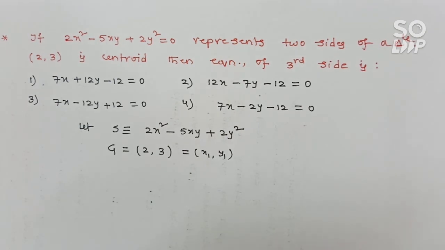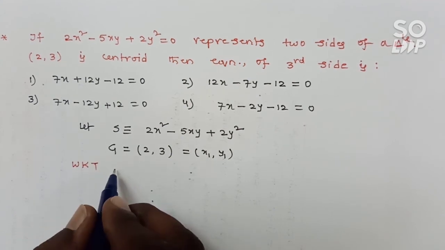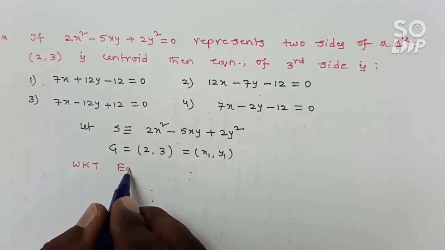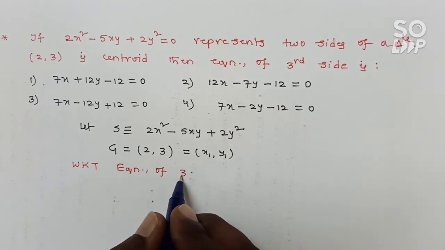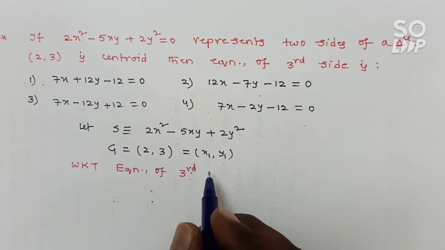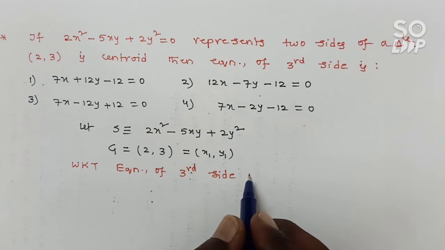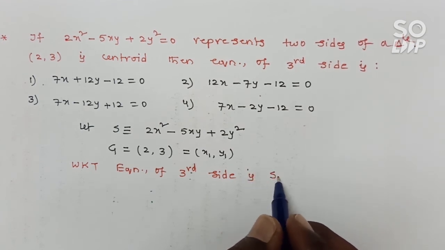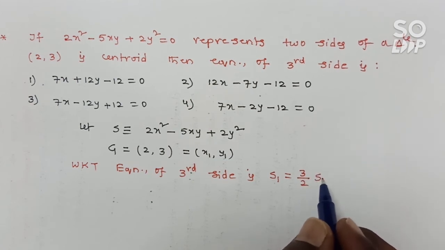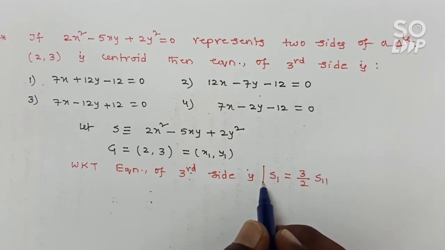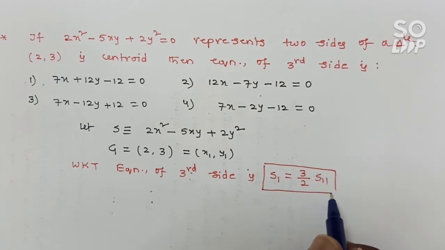So therefore we know that the equation of the third side is S1 = 3/2 S11. So this is one method to find the equation of the third side.